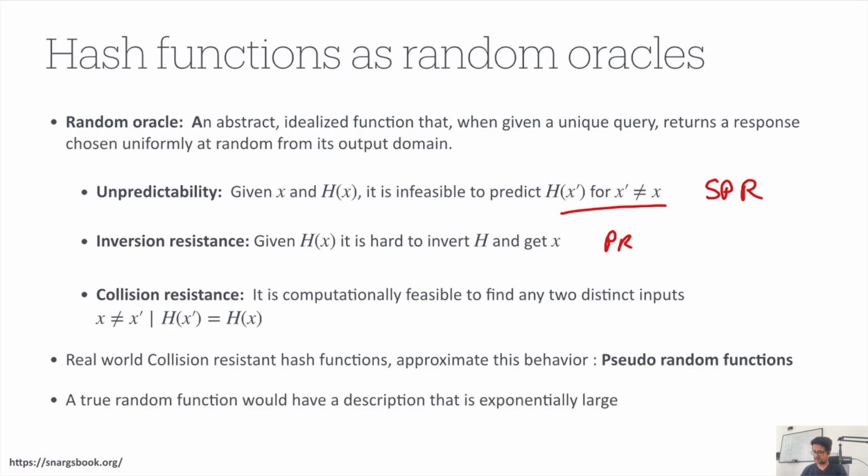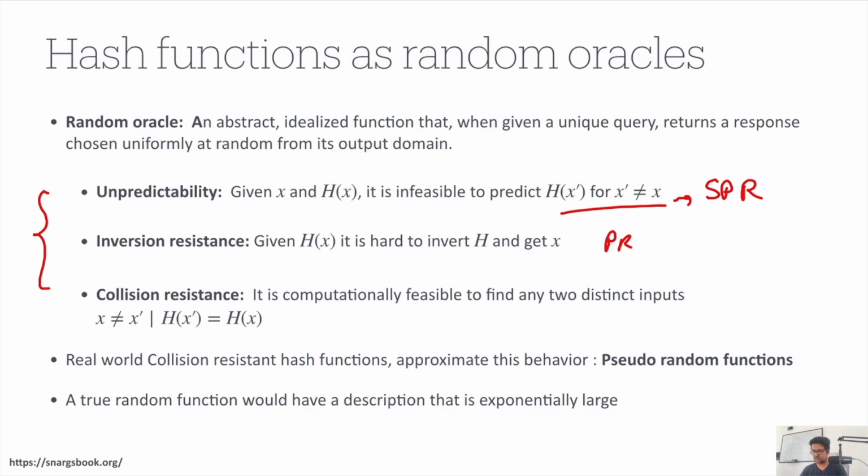Okay, but there are a few more caveats here. In the SNARKs book, for example, these are the properties that are listed, but in general, I think unpredictability is a stronger statement than what is implied by second pre-image resistance, because it also means that there is no discernible structure in the hash.